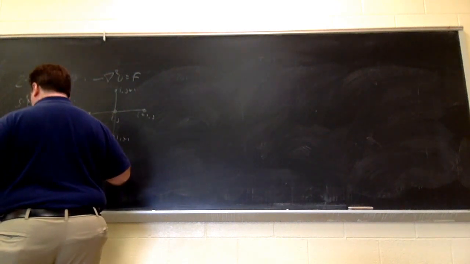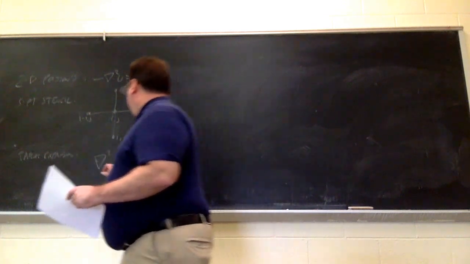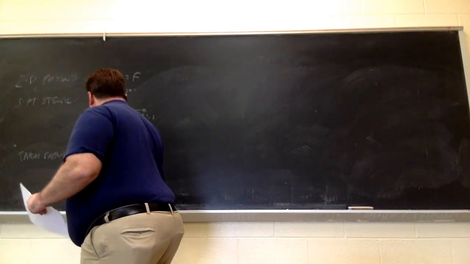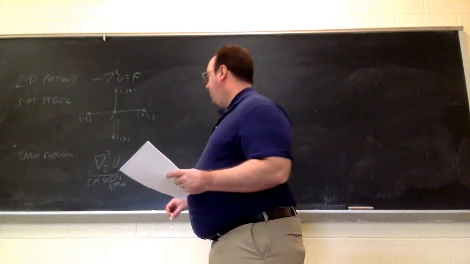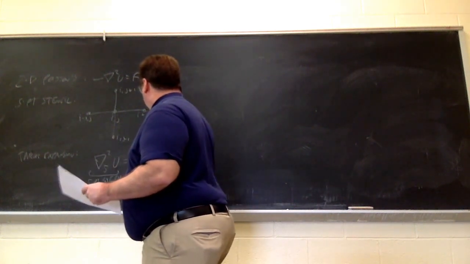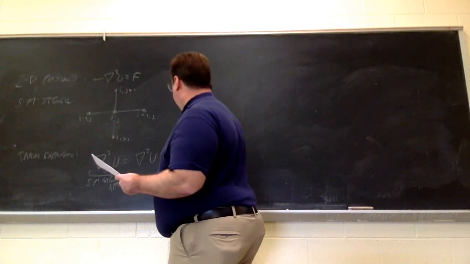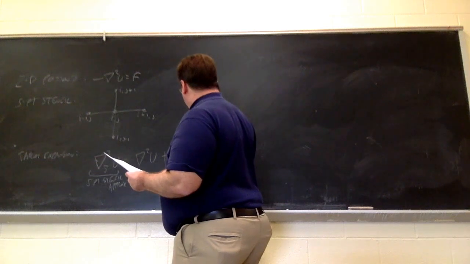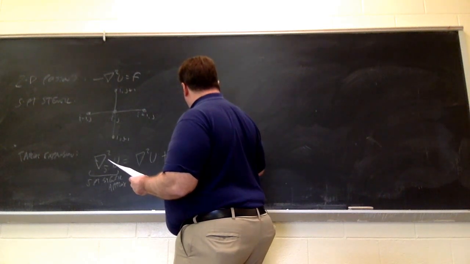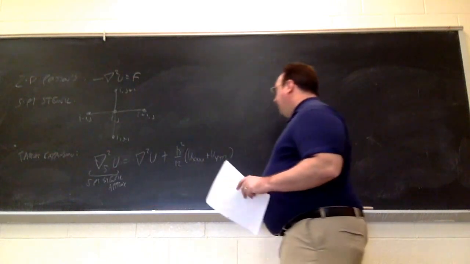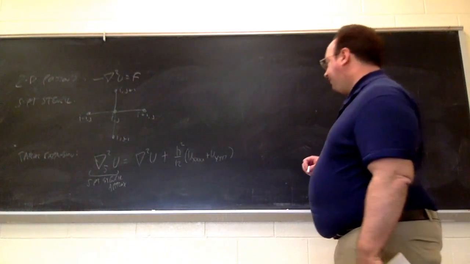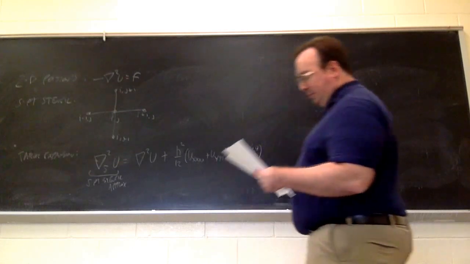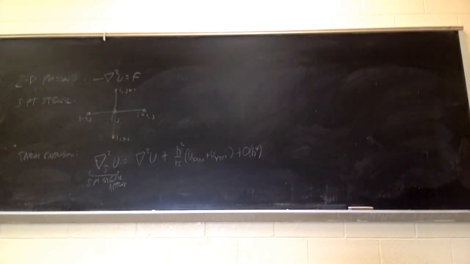I'm going to use this notation, Laplacian with a subscript of 5, for the 5-point stencil approximation of the Laplacian. It turns out to be equal to the exact Laplacian plus h squared over 12 times the fourth derivatives with respect to x and y of u, and then there are additional error terms of the order h to the fourth, assuming you're using the same spacing h for both the x and y directions.